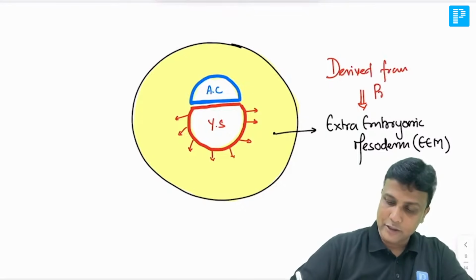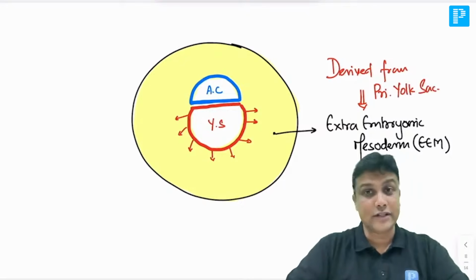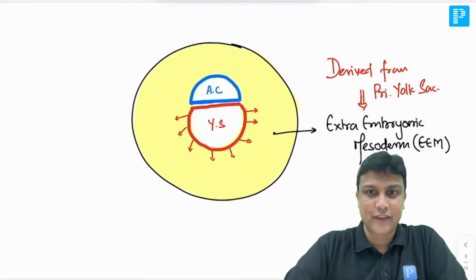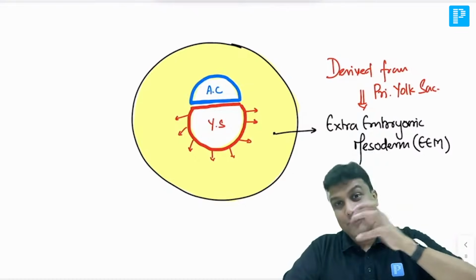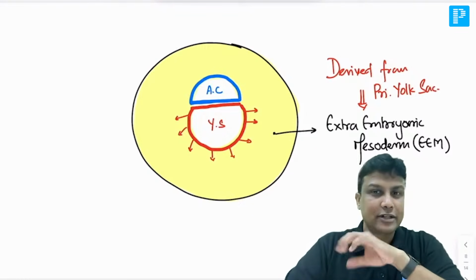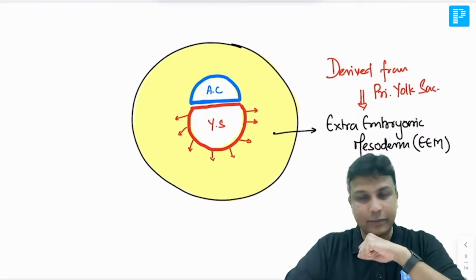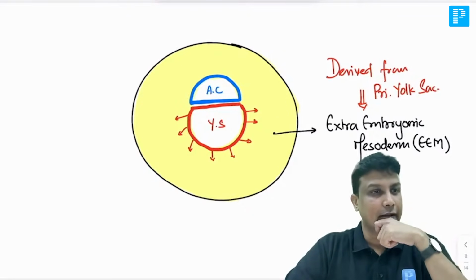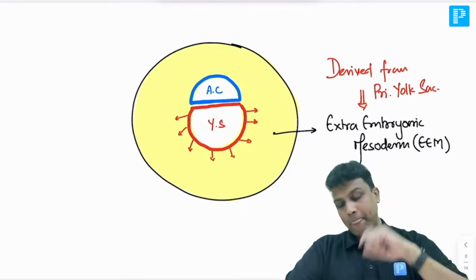Now, why I'm telling you this point here, my dear friends, please remember, in the old edition of embryology textbooks, it was given that it is derived from the trophoblast. Please remember that it is not derived from the trophoblast. According to the latest edition of Langman's embryology, it is derived from where, sir? Primary yolk sac. So the extra embryonic mesoderm is actually derived from the primary yolk sac. I hope the things are very much clear now. Come on, my dear doctors, is it clear?